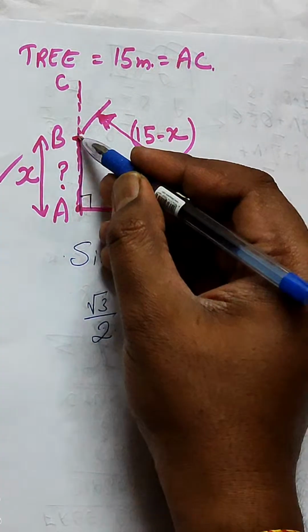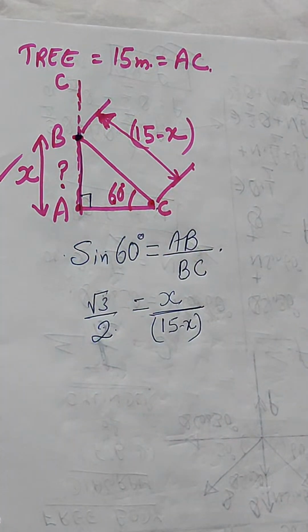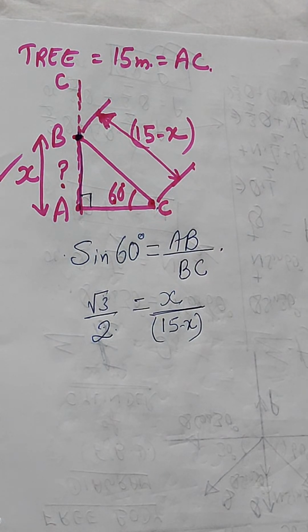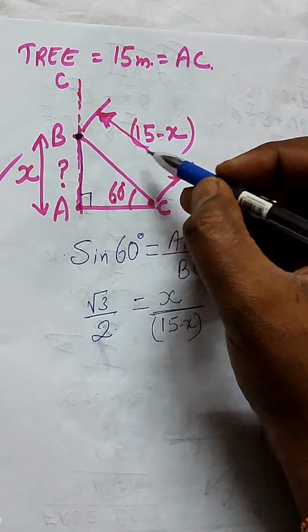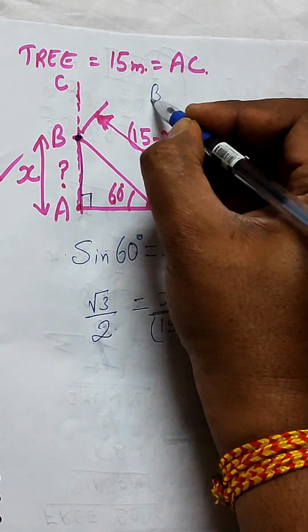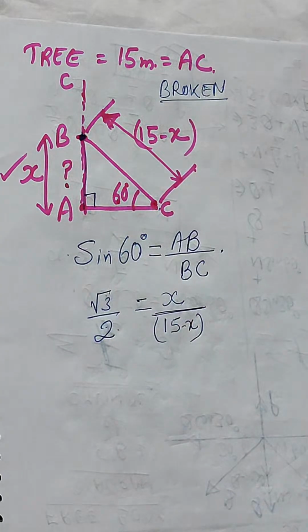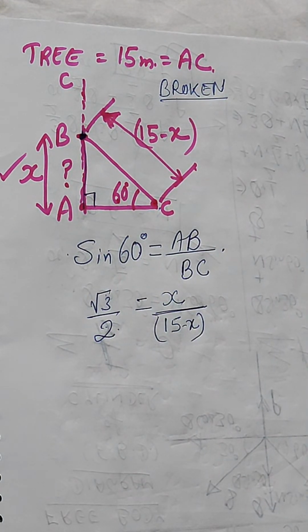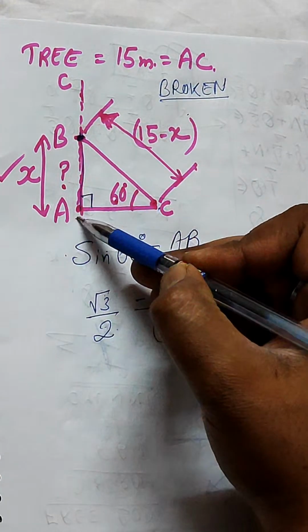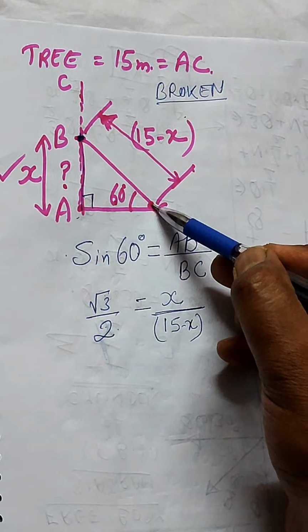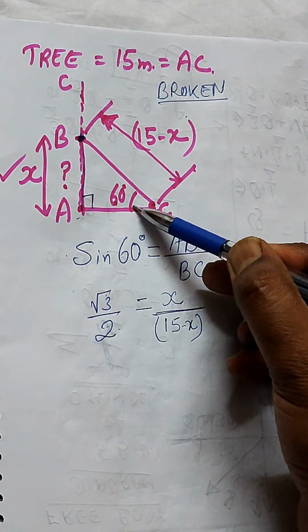So the tree is broken from point B, right? This is a broken tree. The tree was broken in such a way that it leans against the ground and makes an angle of 60 degree.